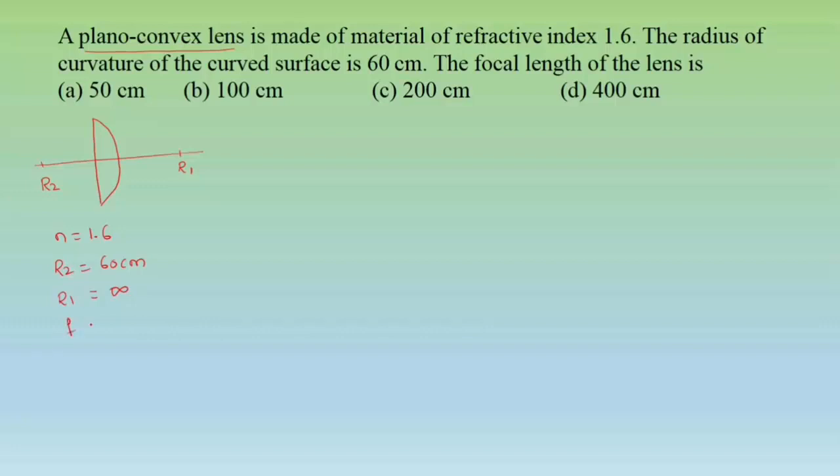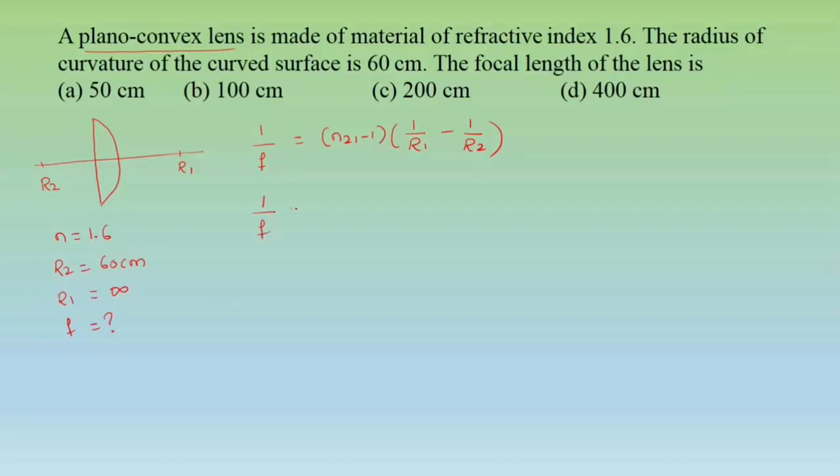Now we have to calculate the focal length. We can use the lens maker's formula: 1 by f equal to (n21 minus 1) into (1 divided by R1 minus 1 divided by R2).